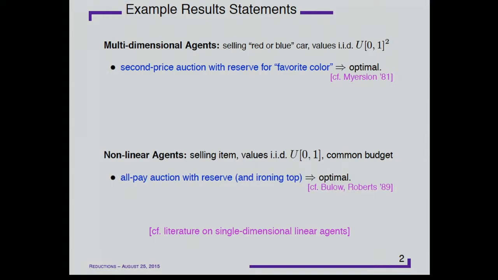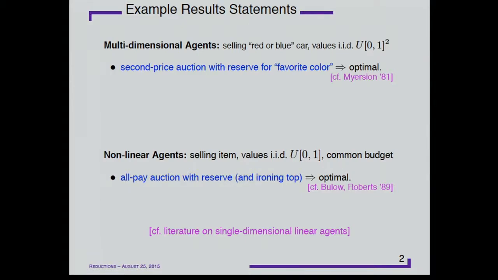Here's another result, this time for nonlinear agents. If you're selling a single item to agents with values uniform on [0, 1], and they have a common budget, so there's a maximum they can pay, and that's the same maximum for everybody, so it's a symmetric environment, then the optimal auction is also relatively simple.